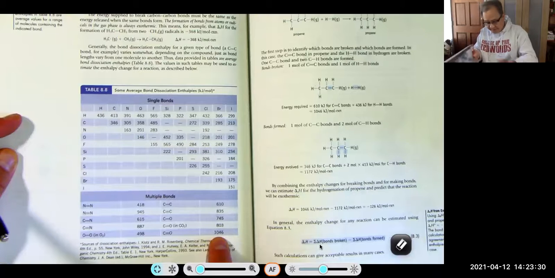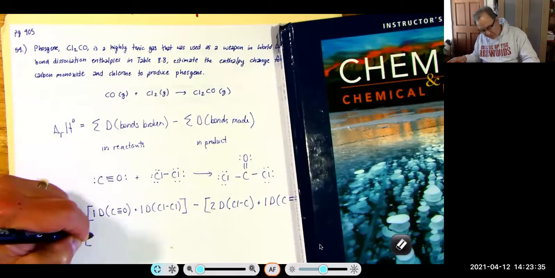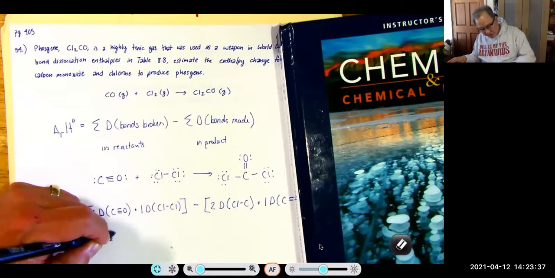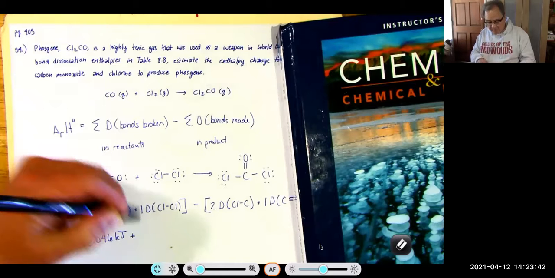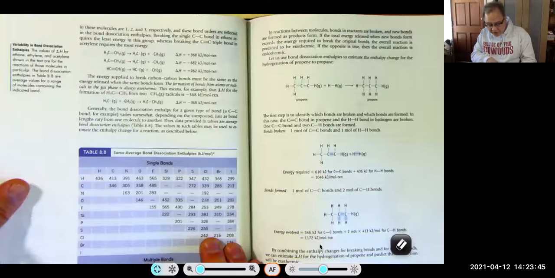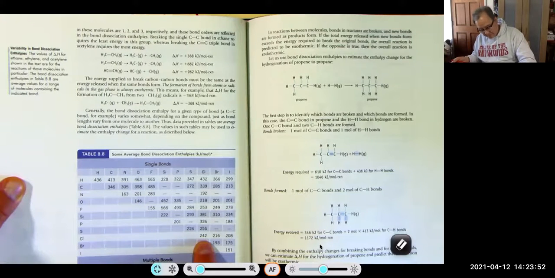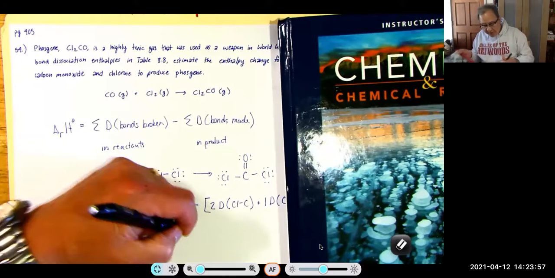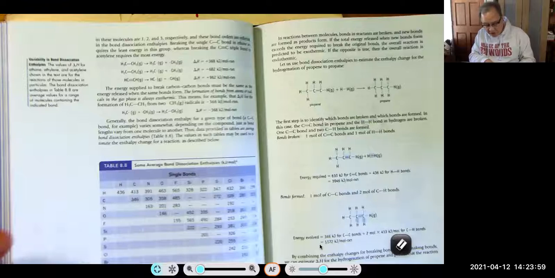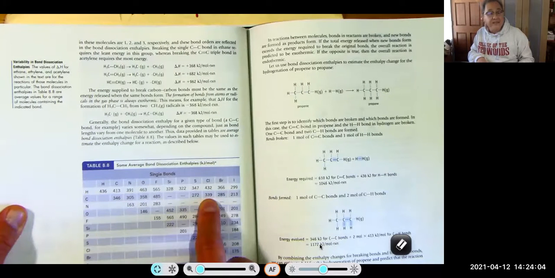Okay. So I'm going to put 1046 kilojoules because 1 times 1046 is 1046. Chlorine-chlorine, here's a chlorine. And here's the chlorine at 242. Chlorine-carbon. Here's a carbon, and here's a chlorine, 339.